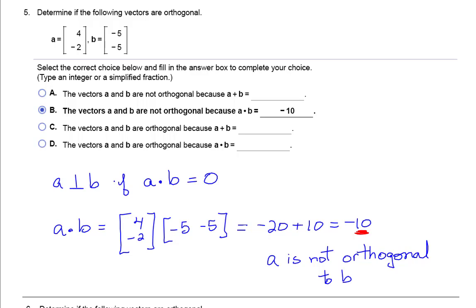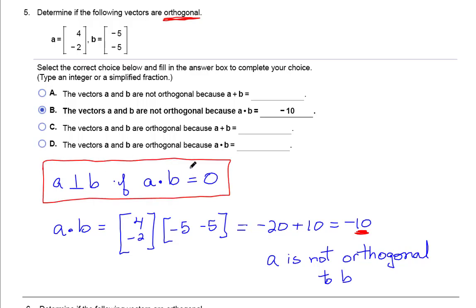In question 5, we would like to know if given two vectors, are they orthogonal? Orthogonal is another way of saying that the two vectors are perpendicular or not. Well, one way to find out if they are perpendicular is to check the dot product.